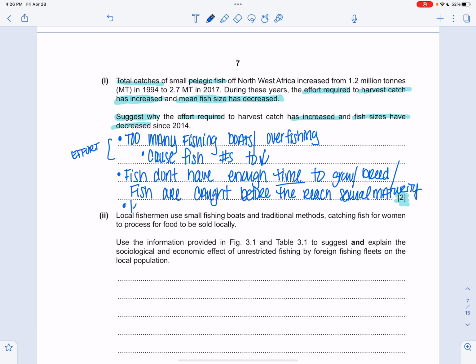And lastly, less mature or adult fish are available. They've already been fished out, so they can only catch small juveniles. Again, the slash means you could say this or you could say that.